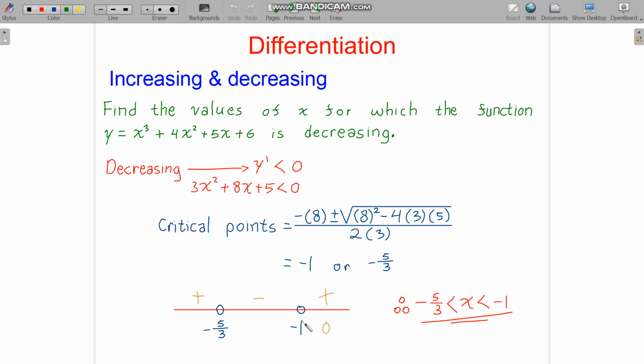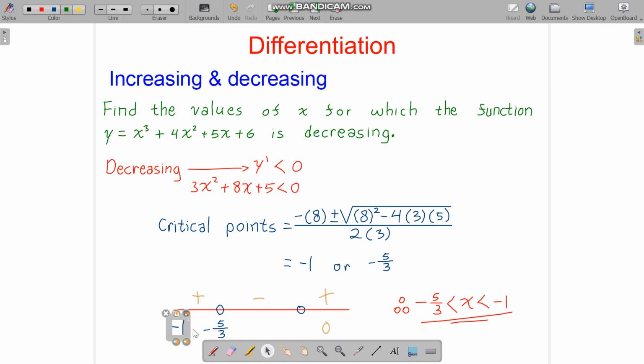Wait, hold on. -5/3 is on the left. Okay, I mean -1 should be on the left, -5/3 on the right. And the 0 is therefore when we plug in 0. Oops, that was right all along.